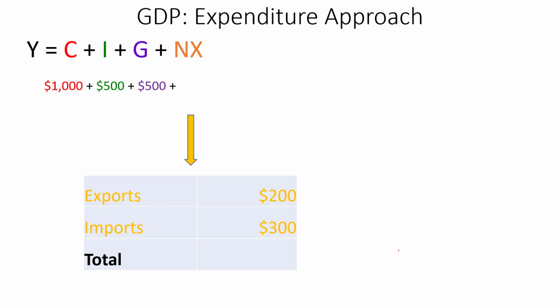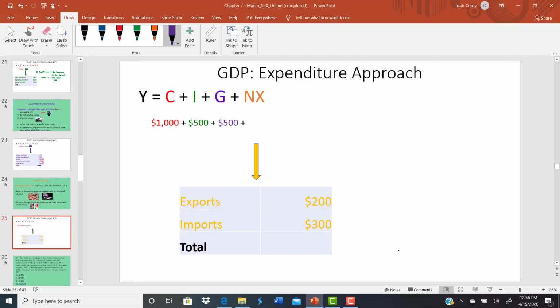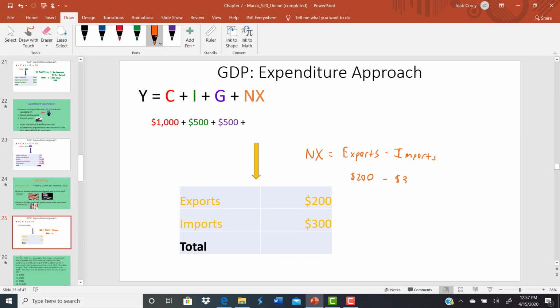Okay. Let's go through that calculation of that net export component, again, within this expenditure approach. In order to do that, right, we've got to take a look at these exports and imports. So this country, in this example here, is exporting $200 worth of stuff, yet they're importing $300 worth of stuff. So again, remember that our net exports is calculated as our exports first minus those imports, which if you use these numbers and you do that calculation, that is 200 minus 300.